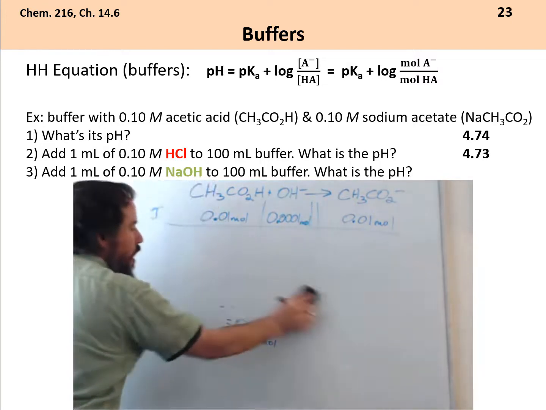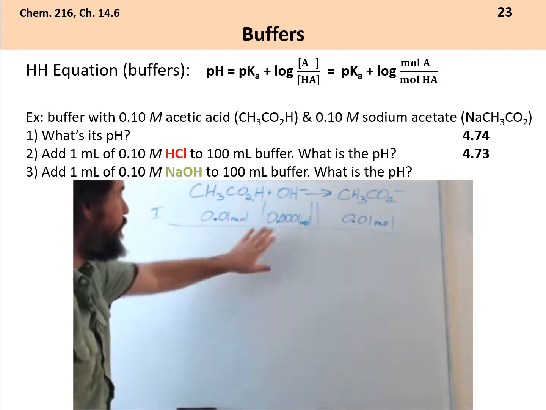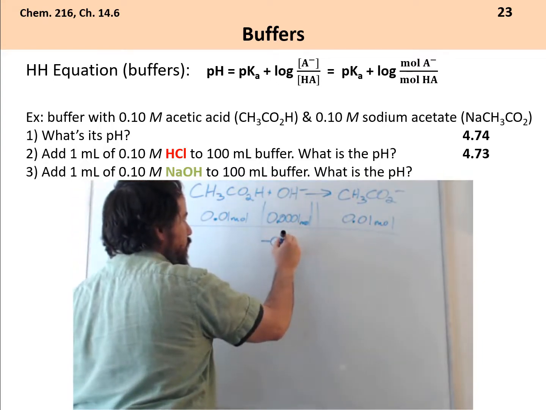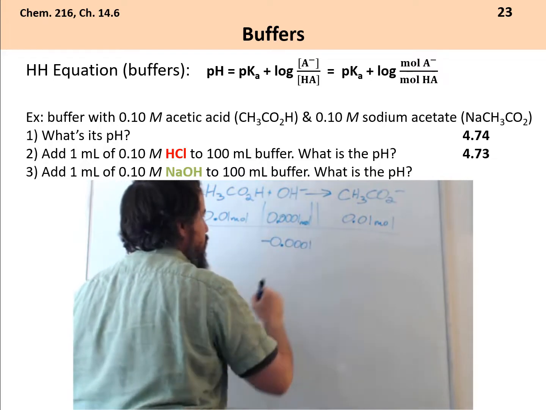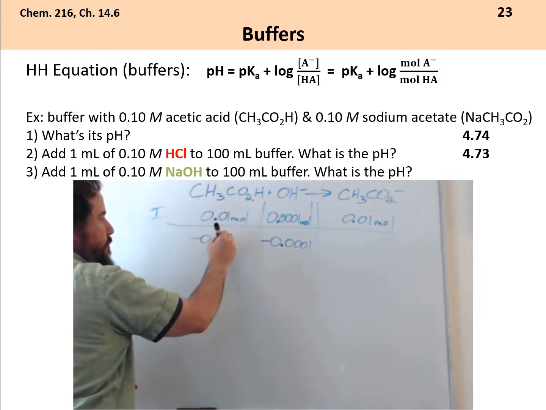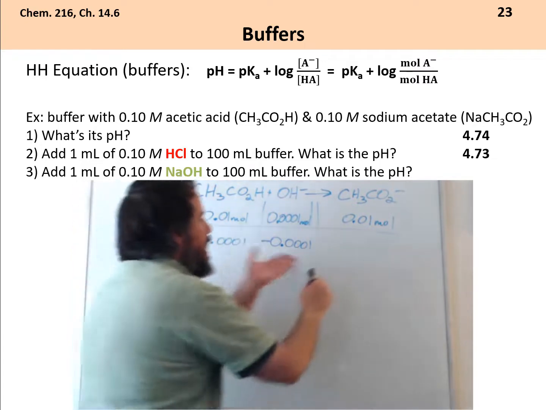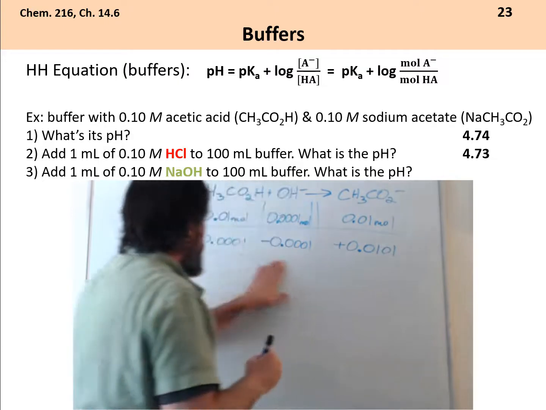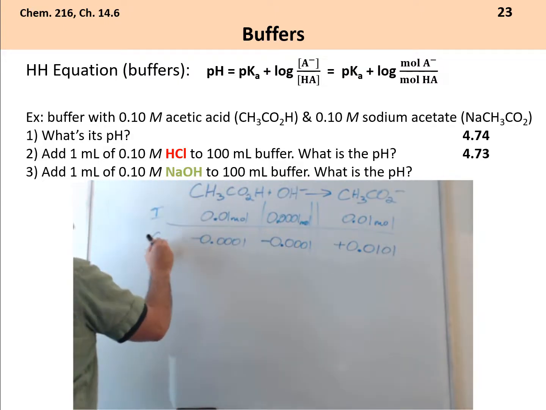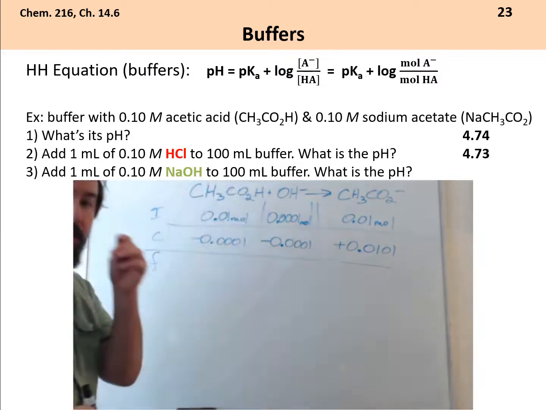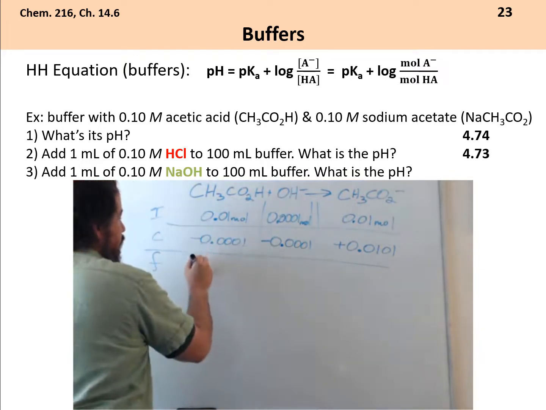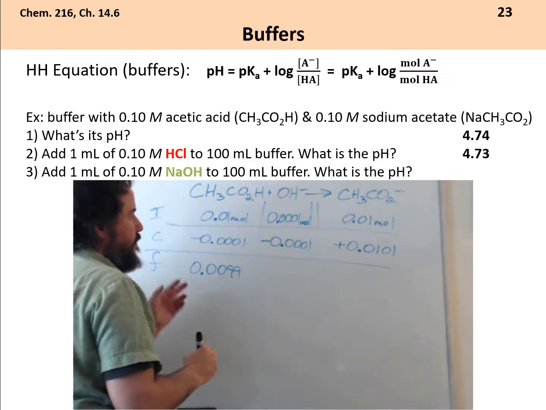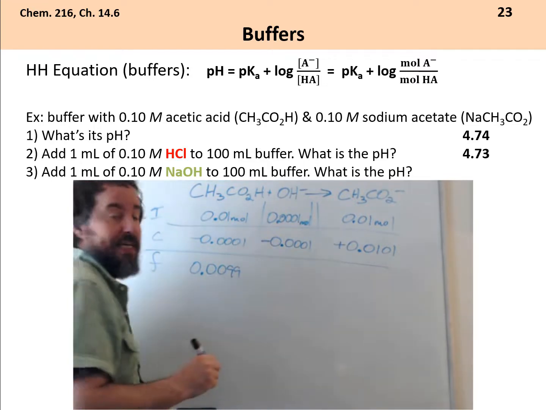Okay? All right. So what's going to happen? Well, this is all going to go away. So this is also going to be reduced. Okay? And this is going to increase. So then at the end, not at equilibrium, but at the end of this reaction, I'm going to get 0.0099 moles of my CH3CO2H, my acetic acid.